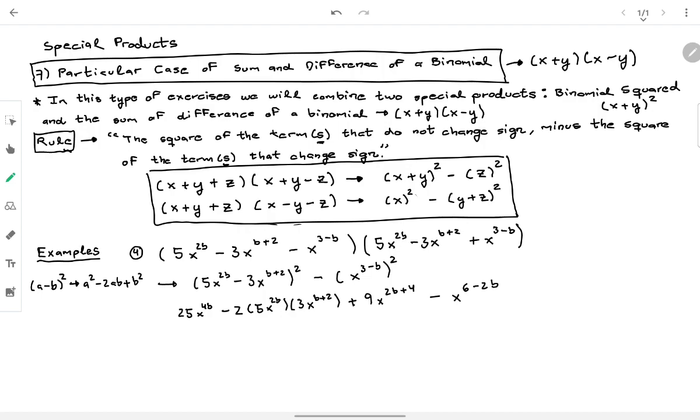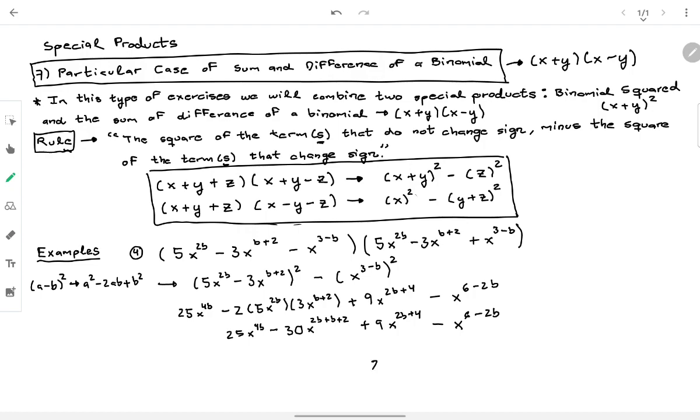So we need to multiply the one that is on the center, so it's going to be minus 30x to the 2b plus b plus 2 plus 9x to the 2b plus 4 minus x to the 6 minus 2b.